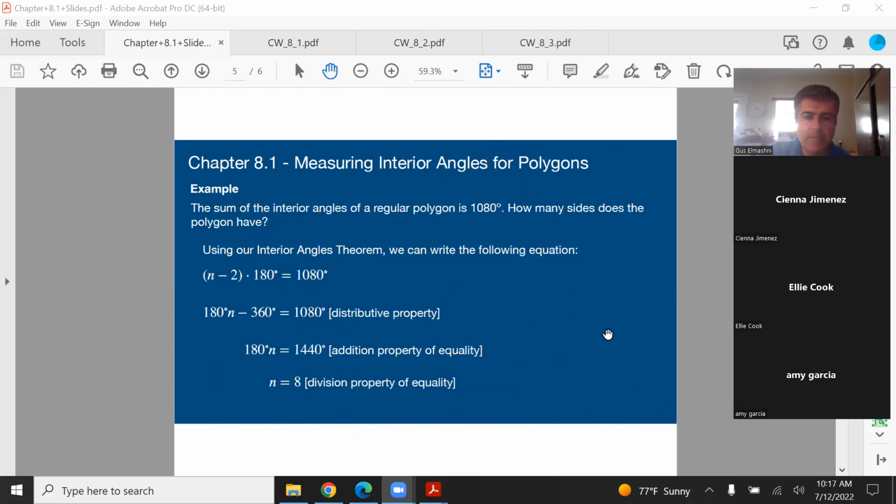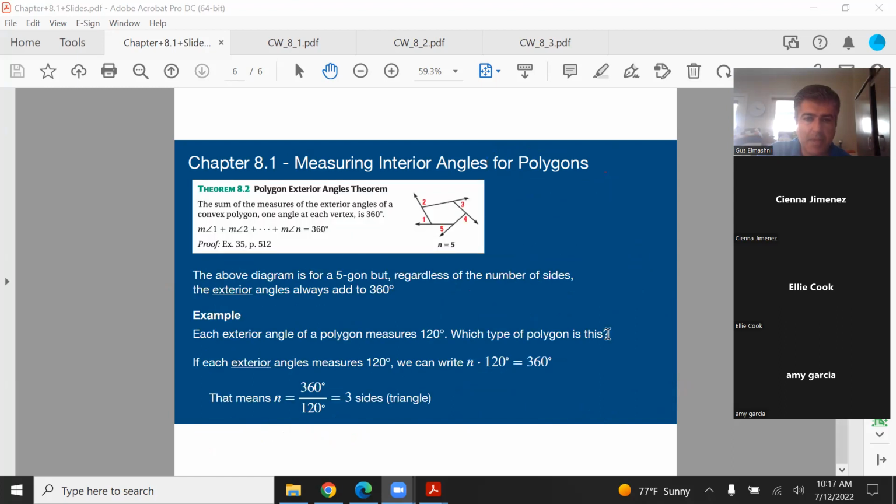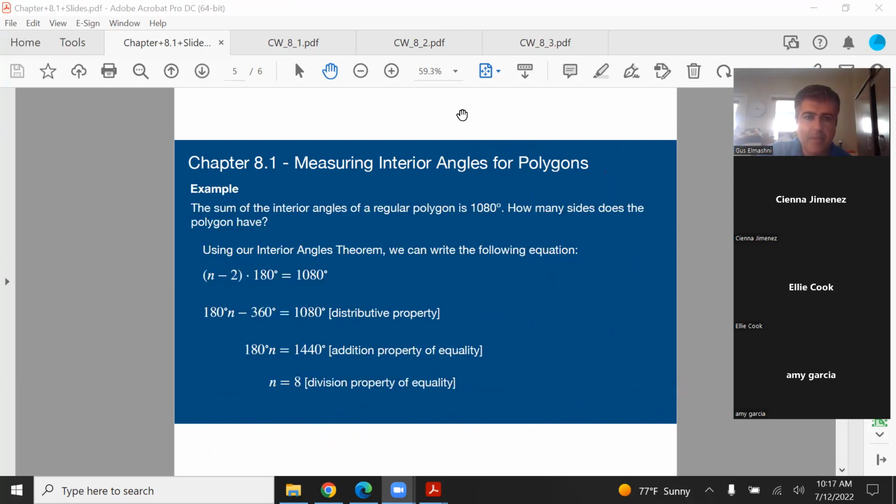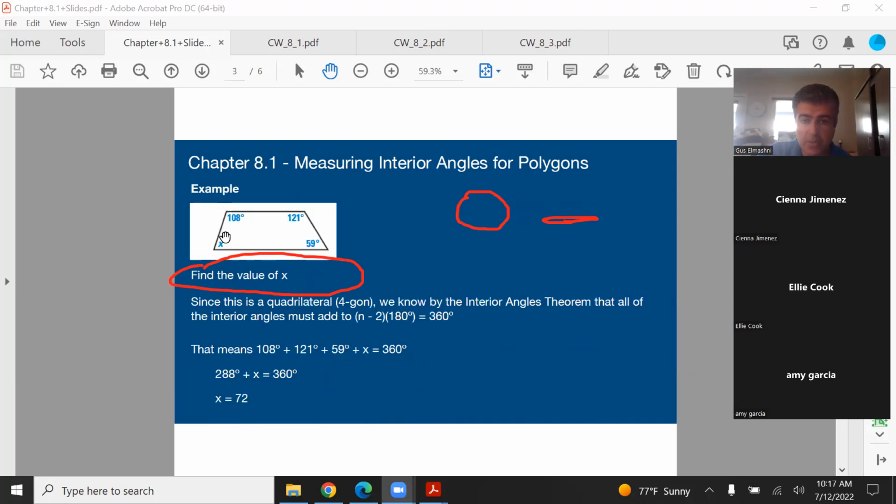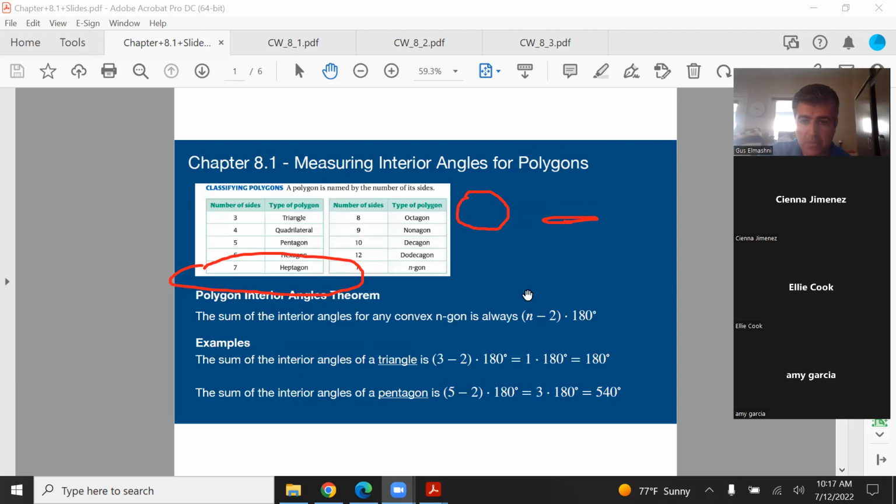I'm not sure if that's brought up. It is brought up in the last slide. But here's yet another example. What if you're told that all the angles add up to a certain number? You want to figure out how many sides you have. Then use this formula right here, where this represents the sum of all angles. We just saw this formula a couple minutes ago.